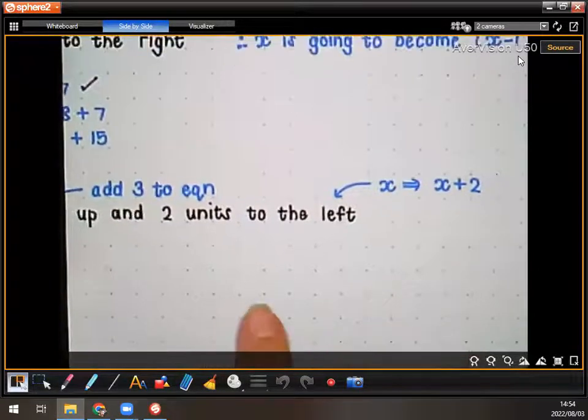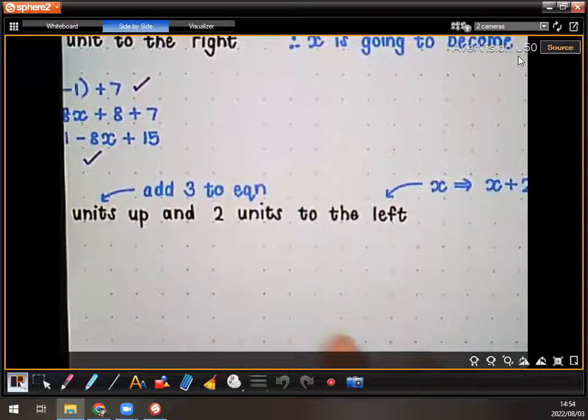Again, I'm just going to rewrite the equation as it is given.